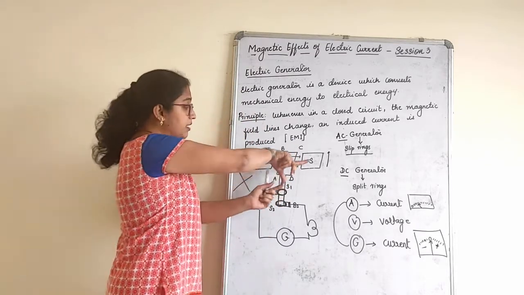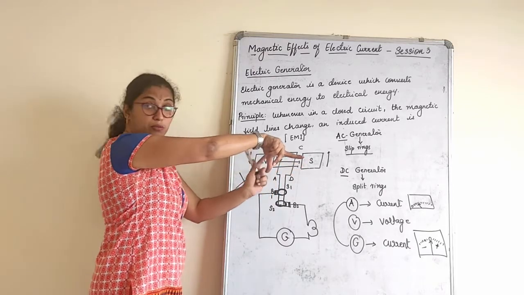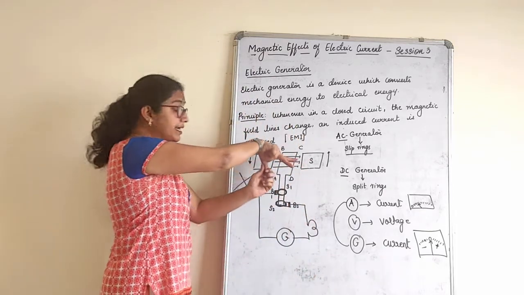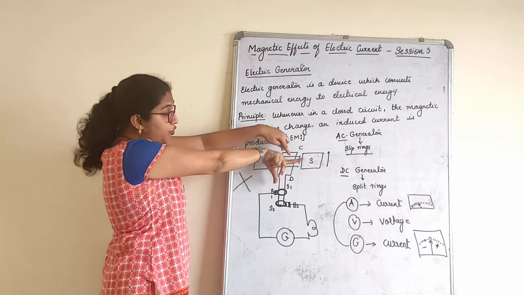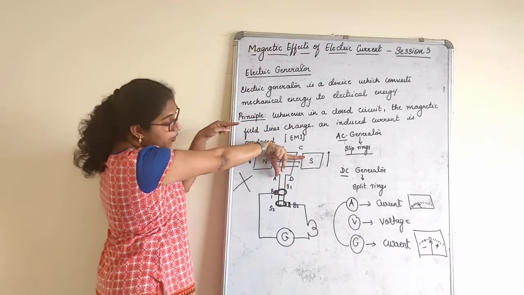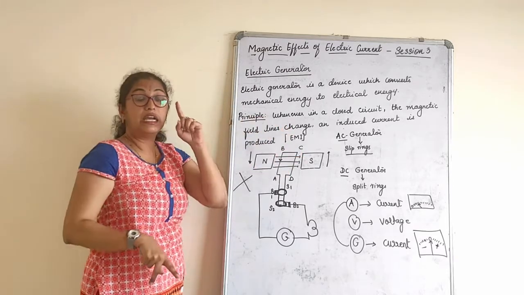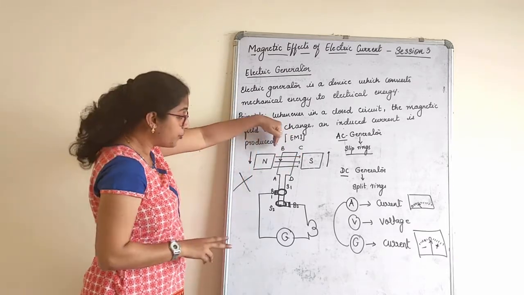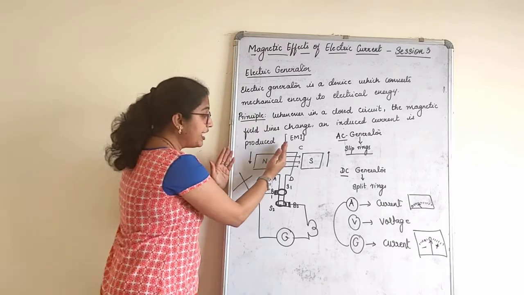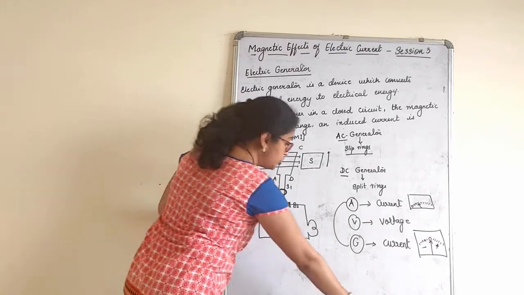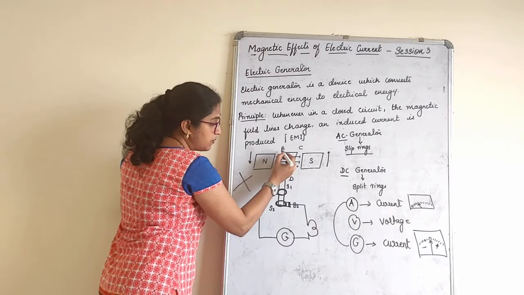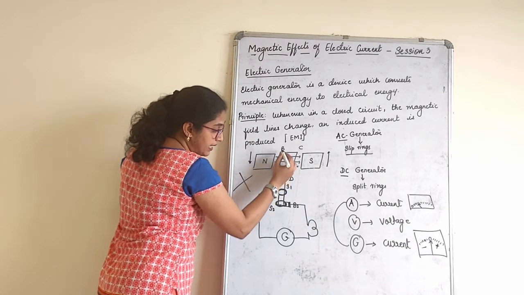See here, this is the motion of the conductor, moving down. This is my forefinger. If I hold it like this, the finger is showing the downward direction. The induced current is moving in this direction. If the induced current is moving in this direction, children, the current will flow from B to A, right?